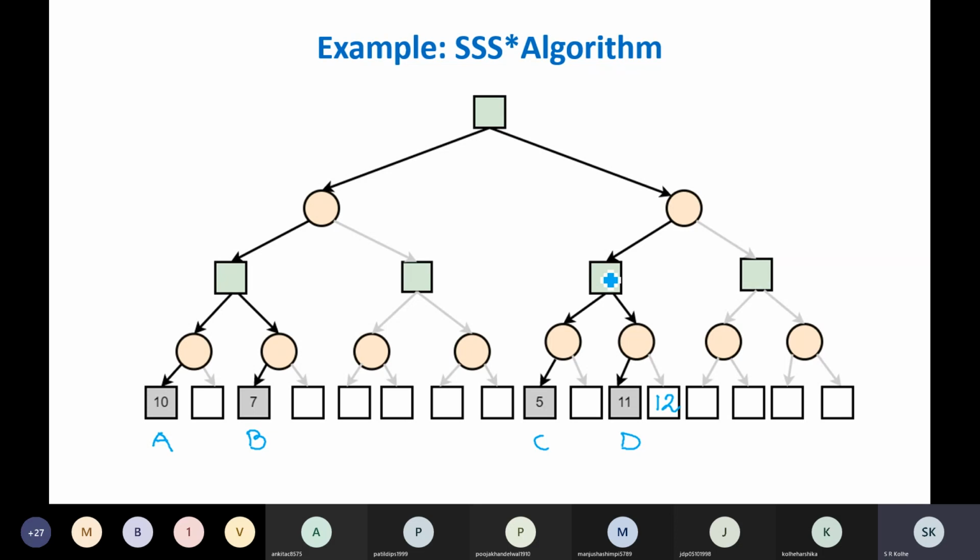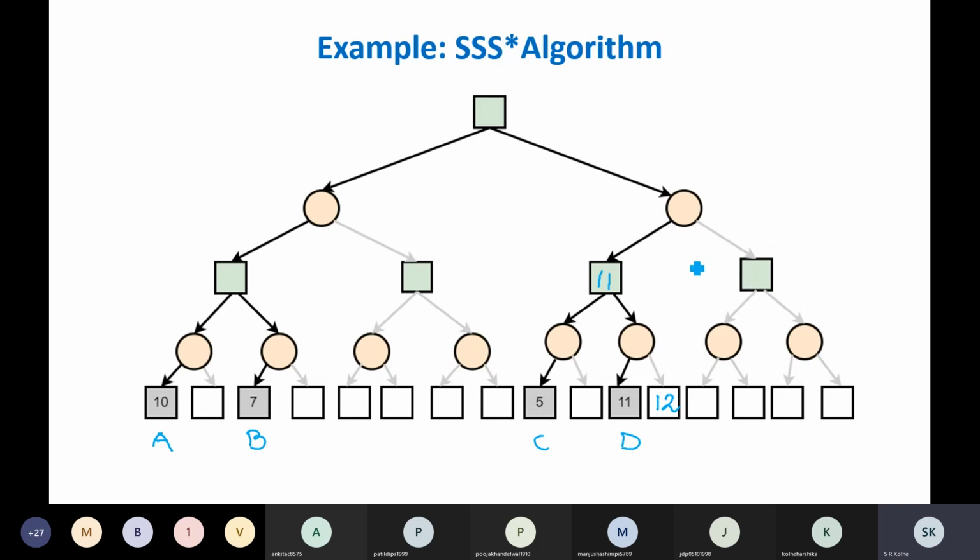So the upper bound will remain 11 out here. So further refinement we have to do, and this particular cluster D belongs to this right hand side part of the tree also.